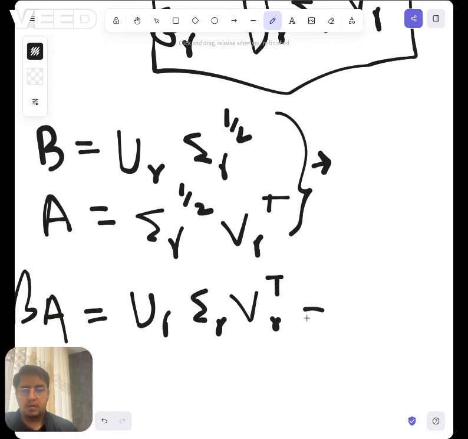Which means that the LoRa update is already aligned with the dominant gradient directions. So this does prove the mathematical theory part of it.